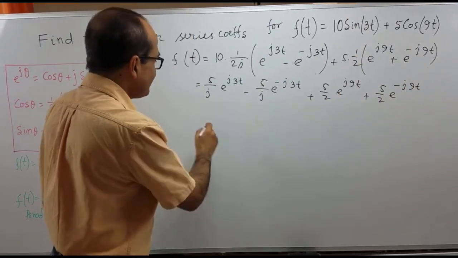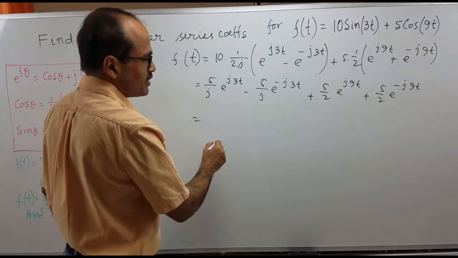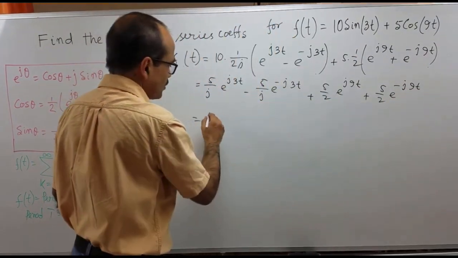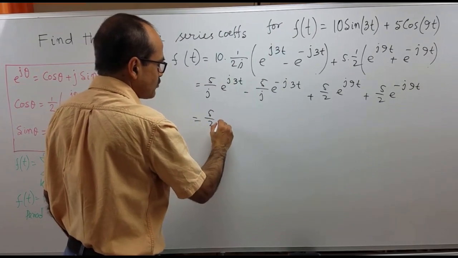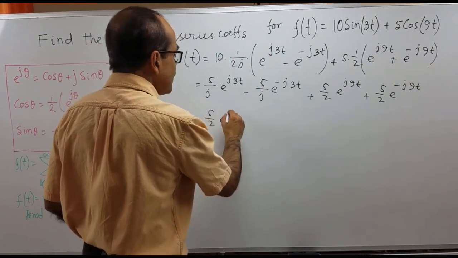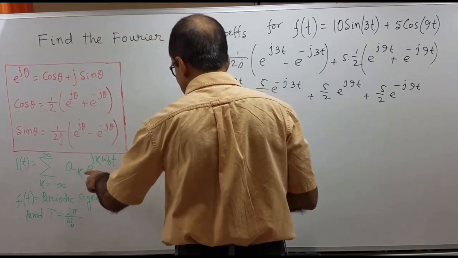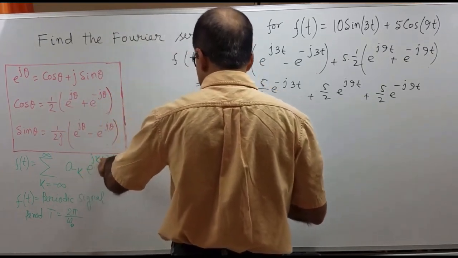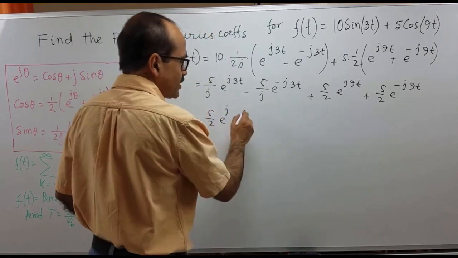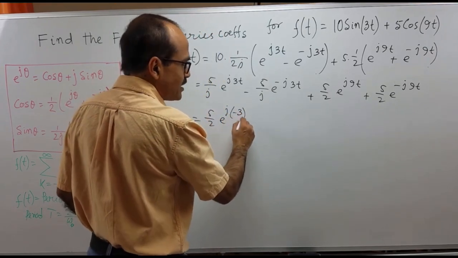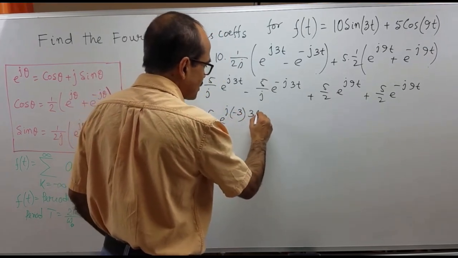Now this can be represented in this way. I first write this one, so it's 5 over 2 e to the power j. Now I am trying to follow this series, e to the power jk omega 0 t, so k in this case is minus 3 and omega 0 is 3.